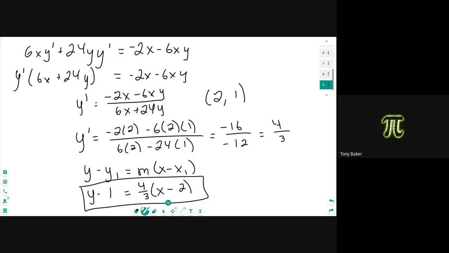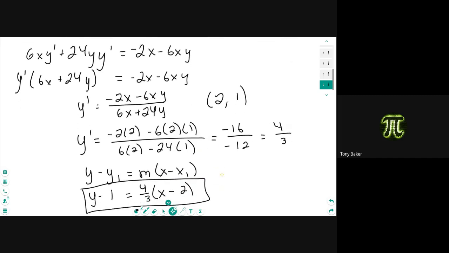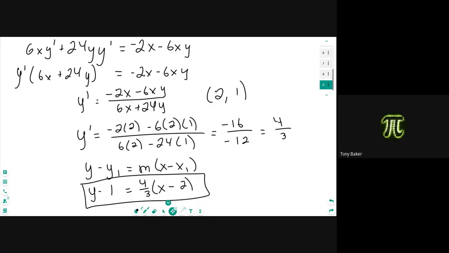Cool. You wrote that, see, it's like 30% right now. Point slope. If you can't remember, y equals mx plus b works too, you just have to actually move it over.